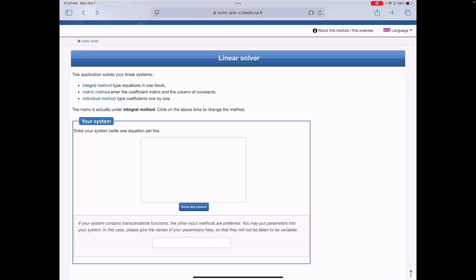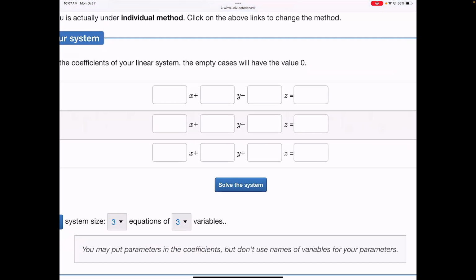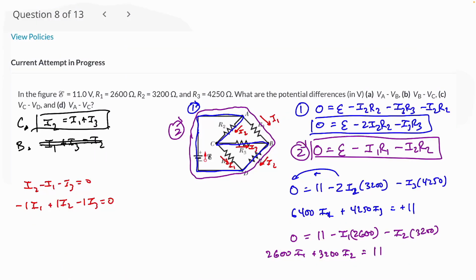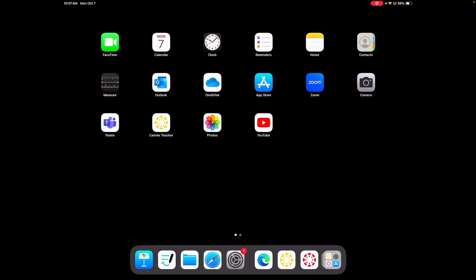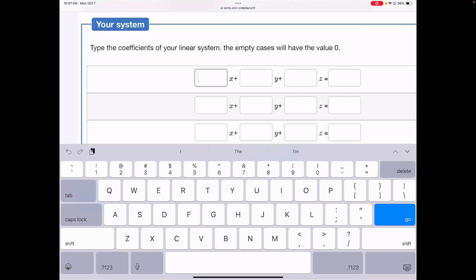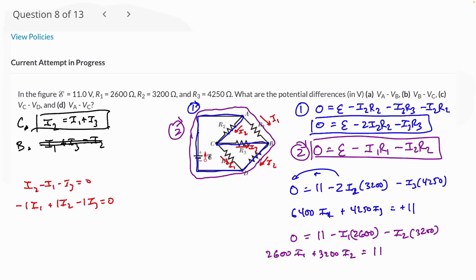All right, and I'm going to do the individual method. Can you guys see what I'm doing on the screen? It's a little bit small, isn't it? What have I got? -1, 1, -1. And then for my second equation, what's I1? It's a 0.